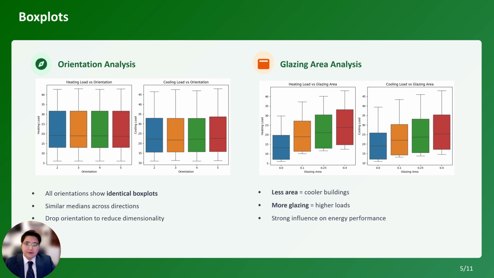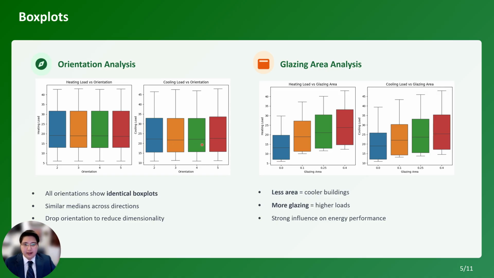So let's take a look at the box plots for orientation analysis and the glazing area. First, we're going to focus on the left section, where we have the orientation for heating and cooling loads. By taking a look at the orientation for each model, we can see that all of the box plots look almost identical to each other.